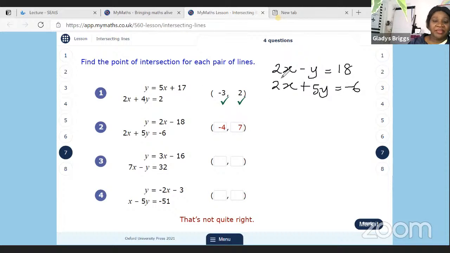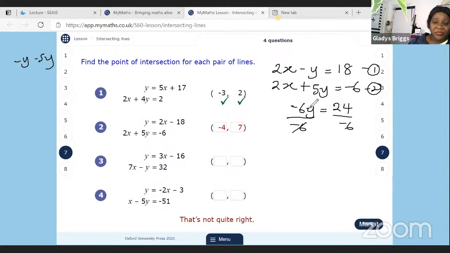So if this is 1 and this is 2, then 1 minus 2 is going to be off. Negative y minus 5y is negative 6y is equal to 18 plus 6, which is 24. Divide by -6 both sides, and you have y is equal to -4.